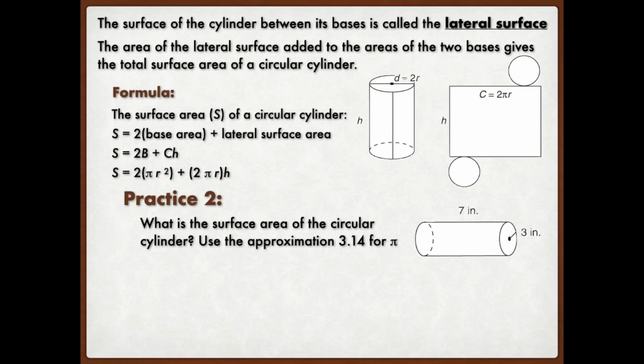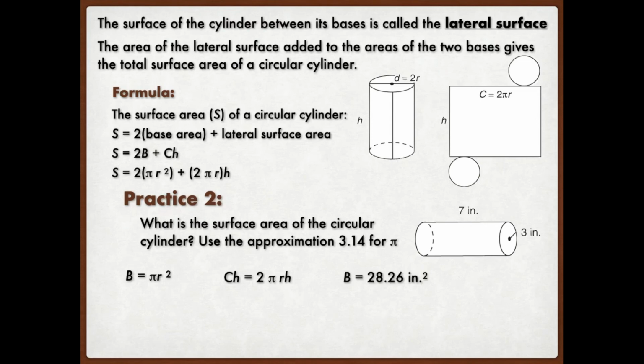And then I'm going to add that to the CH. Now remember, C is going to be 2 pi times the radius. So let's go ahead and work this out. Here's our base, pi radius squared, and then our circumference times height, 2 pi radius times height. Remember, C is just circumference. We've already learned this, so don't get confused by the CH. H is just height.